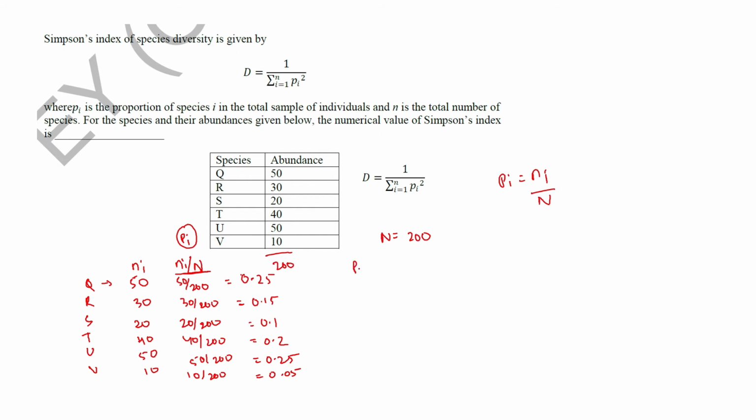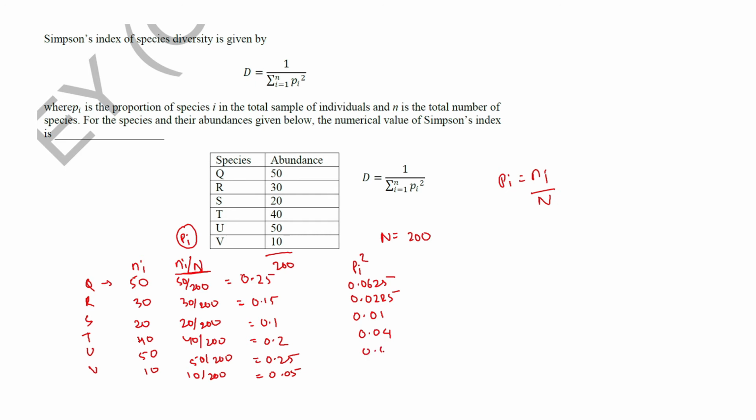Now the thing we need to do is pi square. Now pi square will be 0.0625, 0.0225. So this will be 0.01, and this will be 0.04, right?